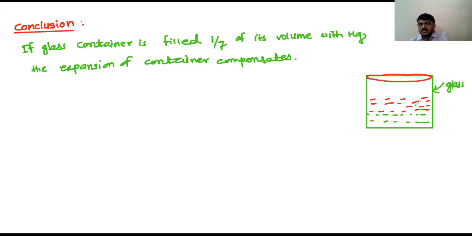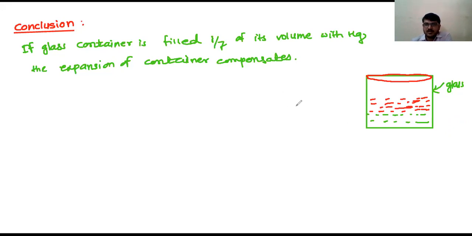Yes, like this, and this is 1/7. phi c is equal to the volume of this mercury, meaning how much volume is filled.